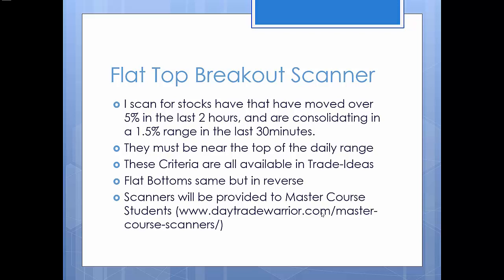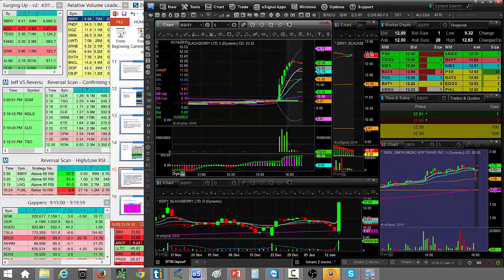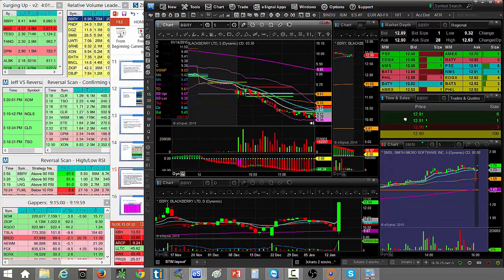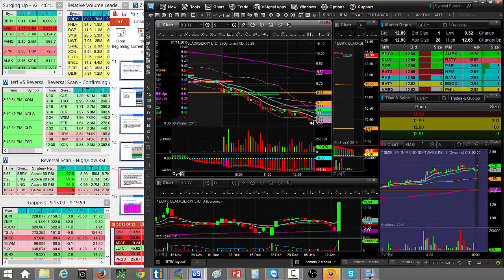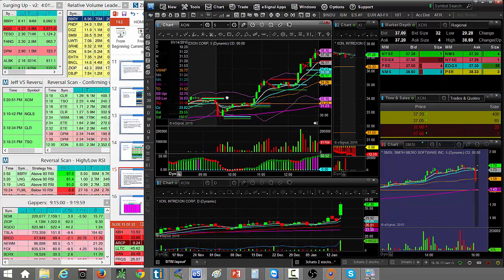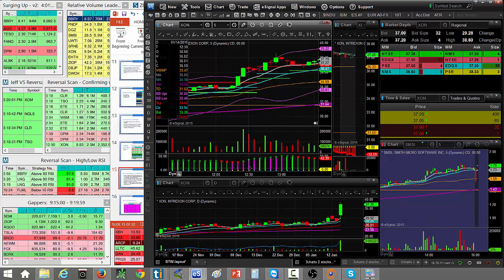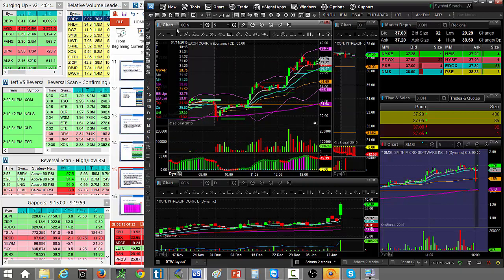And if we look at a chart, and I'll just pull a chart up here just for an example. Let's see, we can look at XON. We'll look at this one. So on XON, when I'm looking at this here, I can see there's a bull flag right here. So it popped up, and then there's a couple candles of consolidation, right?